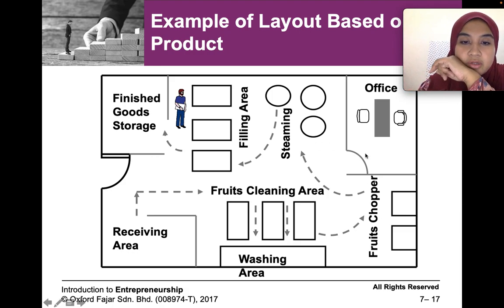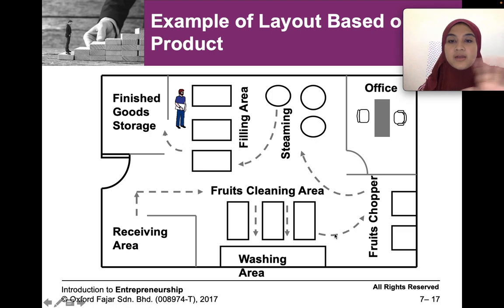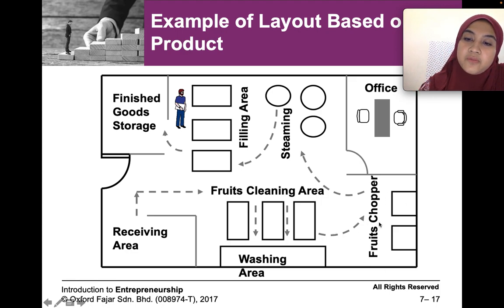The second flow is the cleaning process. So you must make sure that the cleaning area is beside the receiving area, so tak jauh lah. After the fruit has been cleaned, the next process is the fruit getting chopped. So the fruit chopper is beside the fruit cleaning area.